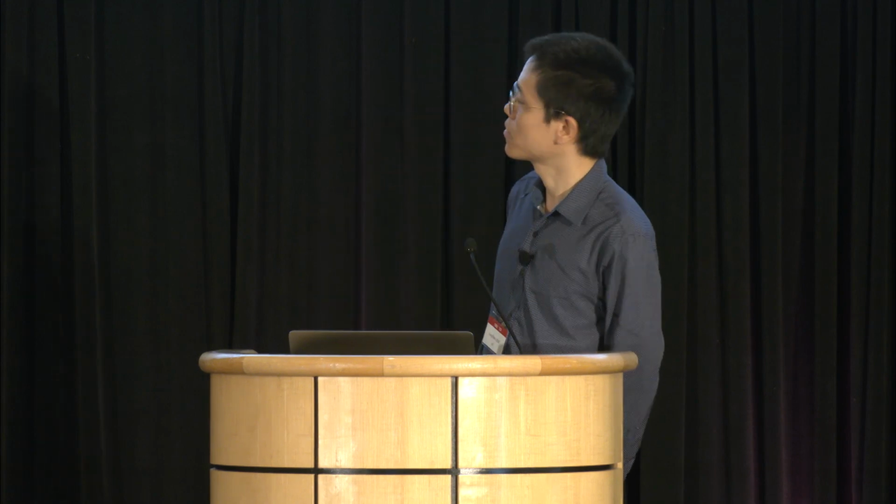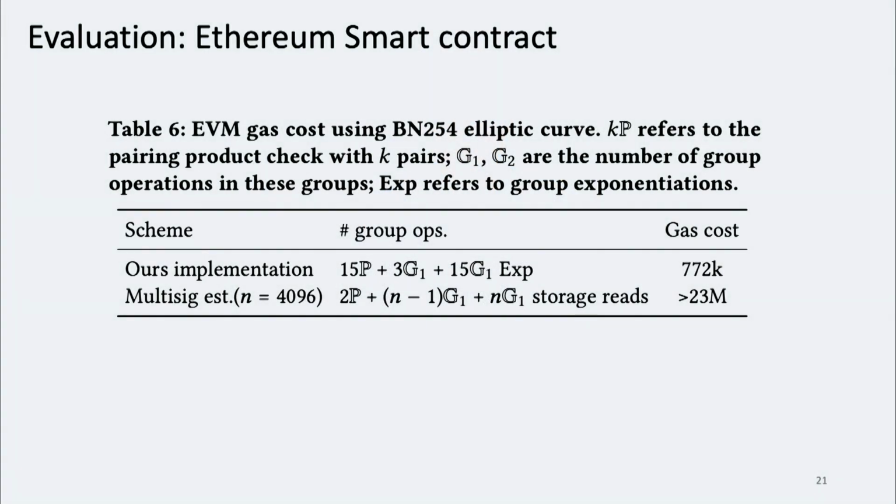Yeah. And for your slide 20, where you have your performance numbers, I guess it's not on the screen anymore. You have a BLS threshold aggregation time. What aggregation algorithm are you using? Are you using the t-squared algorithm or the t log squared t algorithm? The n log n Lagrange interpolation.